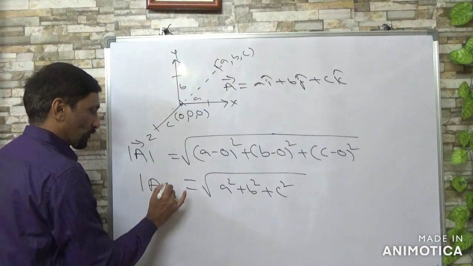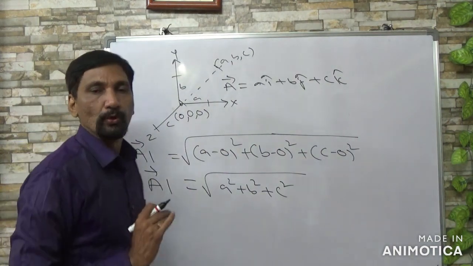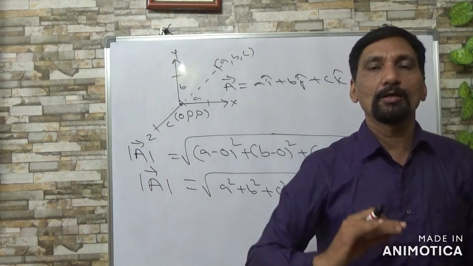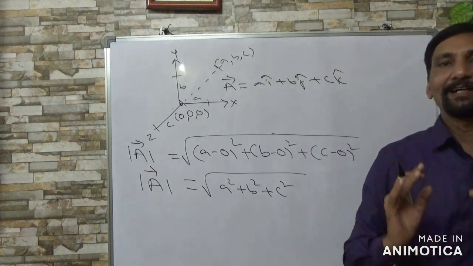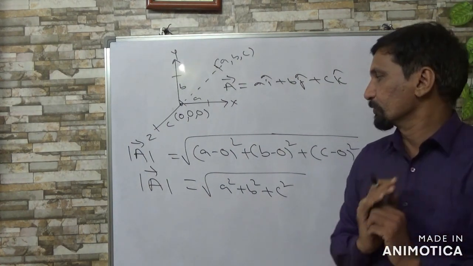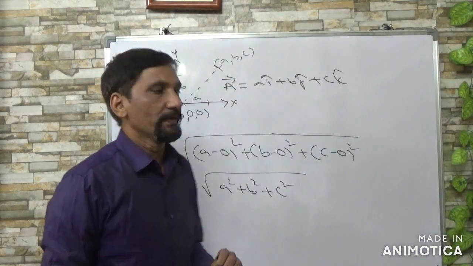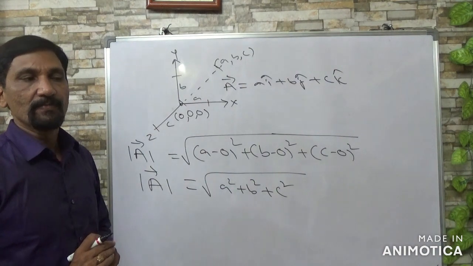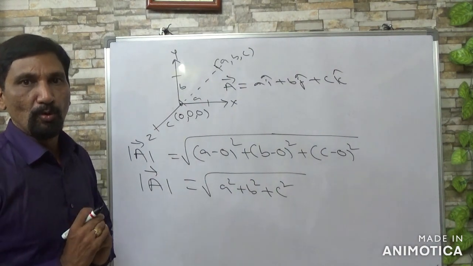This is nothing but the magnitude, or you can say the length, of a vector. Remember how to find the length of a vector: by using the formula root over A square plus B square plus C square. So this is one model.